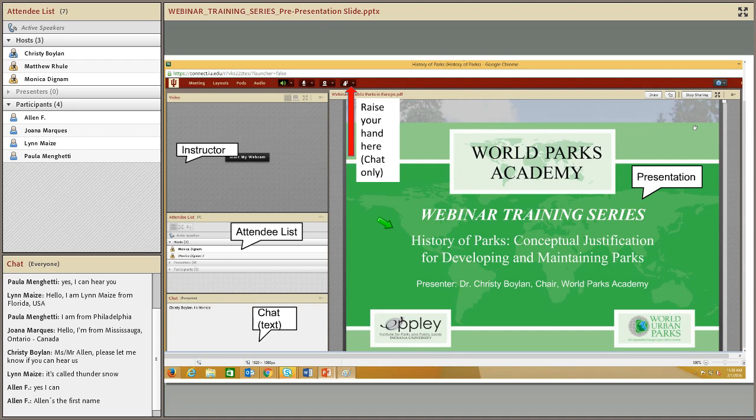First is the large space on the right. That's the presentation screen where your instructor will scroll through the appropriate slides during his lecture. The second, the screen in the upper left, is where your instructor will be pictured during the presentation.